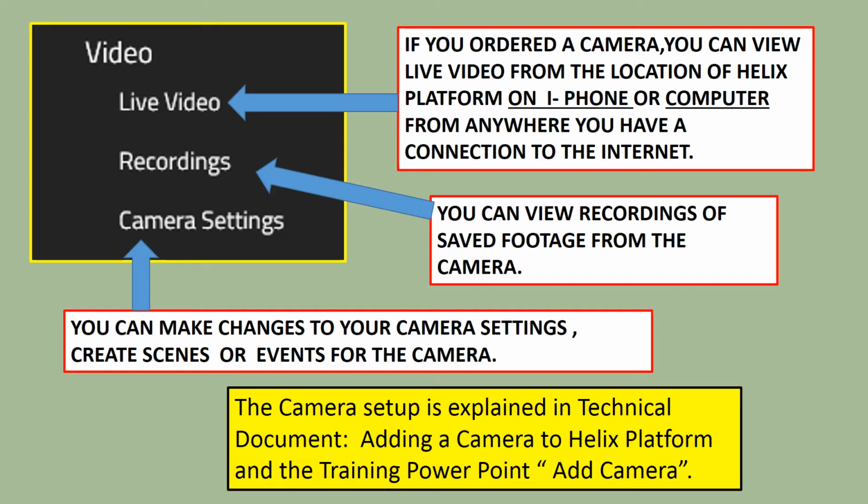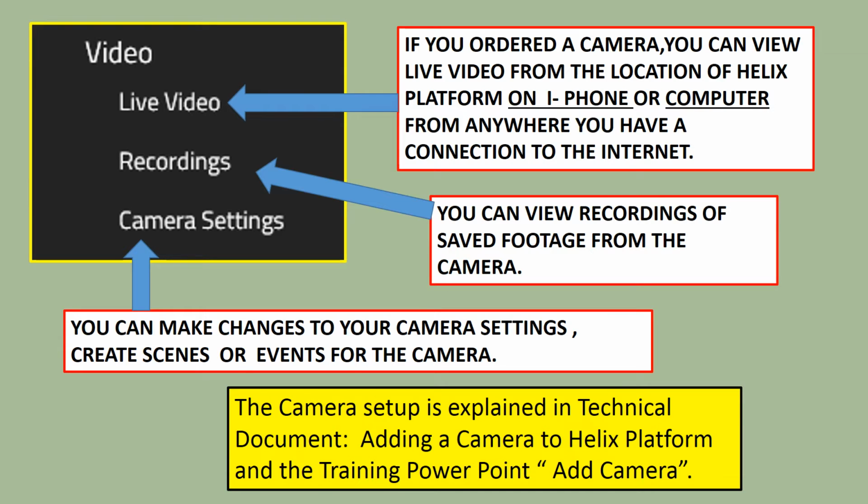On the main menu under video, if you ordered a camera, you can view live video from the location of your Helix platform on iPhone or computer from anywhere you have a connection to the internet. You can also view recordings of saved footage from your camera. You can make changes to your camera settings.